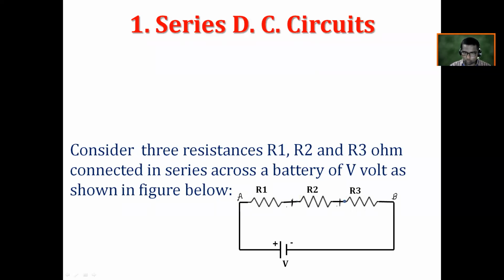Here, R1 and R2 have a common point, but after that it is not connected anywhere. Again, R2 and R3 have a common point, and this common point is not connected anywhere, so there is only one path for the flow of electric current in that circuit. Then this circuit is called a series DC circuit.